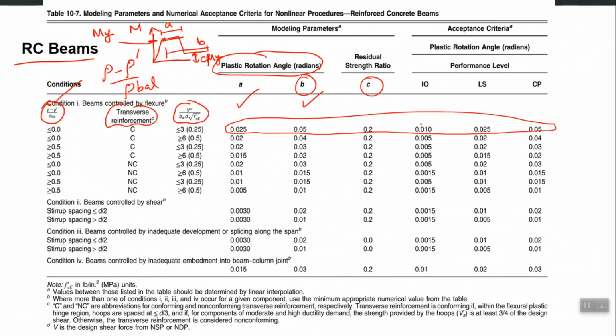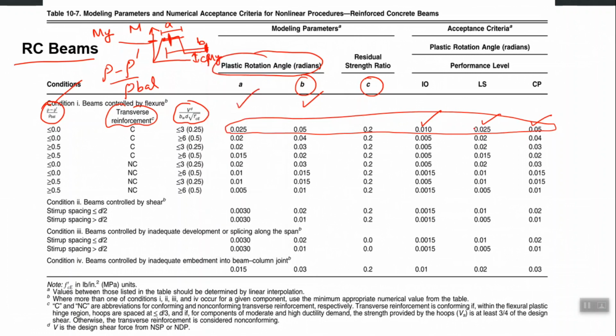In the same row you are also given IO, LS and CP, in the form of plastic rotation angles. Small a was 0.025 and IO is 0.01, which means IO locates somewhere here.